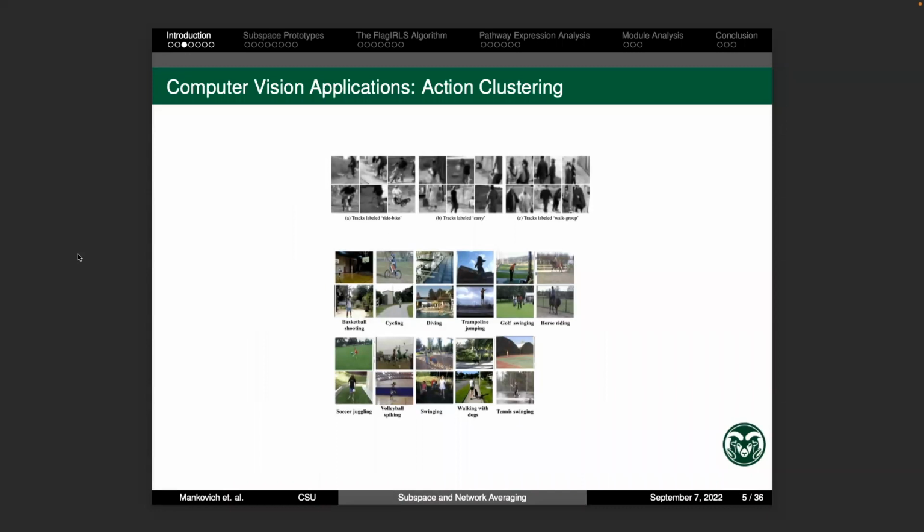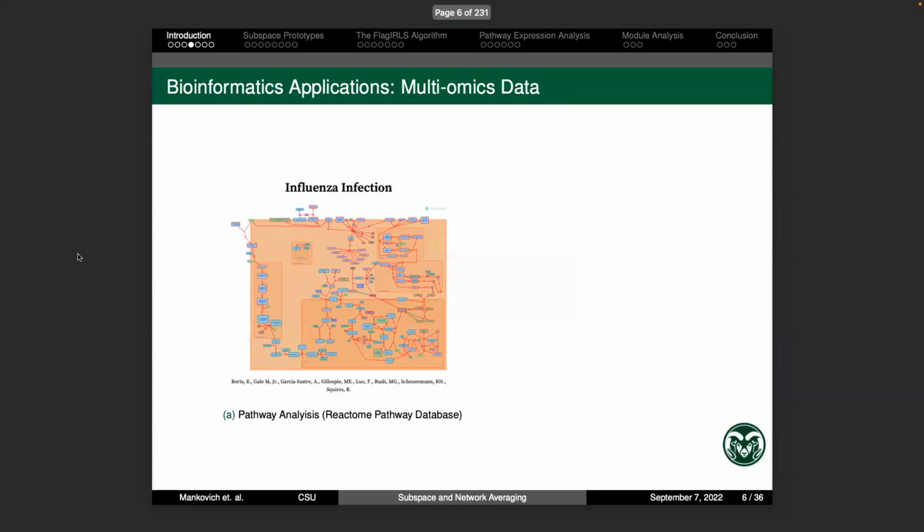Essentially, in this type of computer vision data, you have a collection of short video clips centered around a person performing an action in the video, and they're labeled by the action that's being performed. Our goal is to cluster these data sets based on action, or provide some sort of clustering and see how good it is with respect to these action labels.